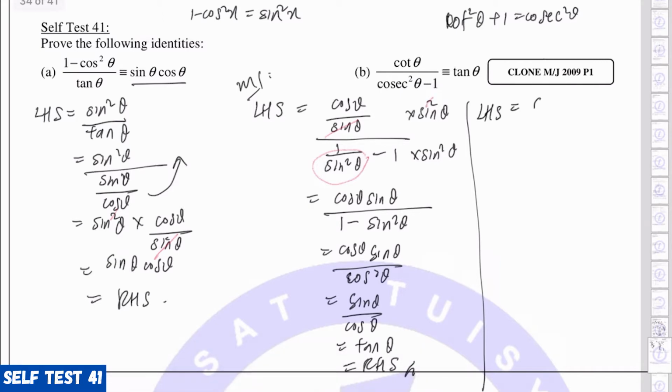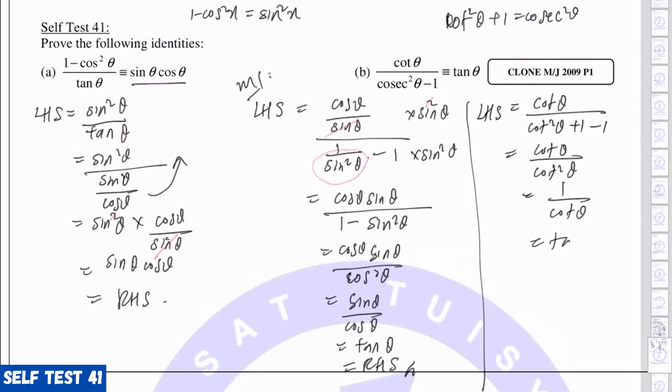My cotangent I keep first, but I know cosecant square is cotangent square theta plus 1. Then there's a minus 1 here, so you minus 1. You're left with cotangent theta over cotangent square theta. When you cancel, you get 1 over cotangent. You just flip this up, you get tangent. This is so much easier, am I right?